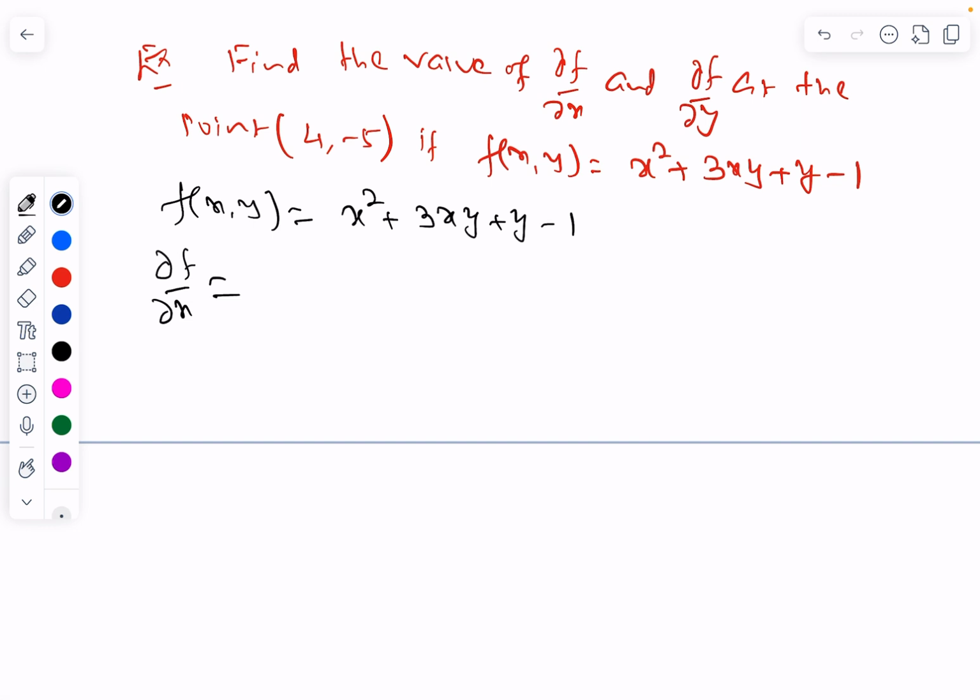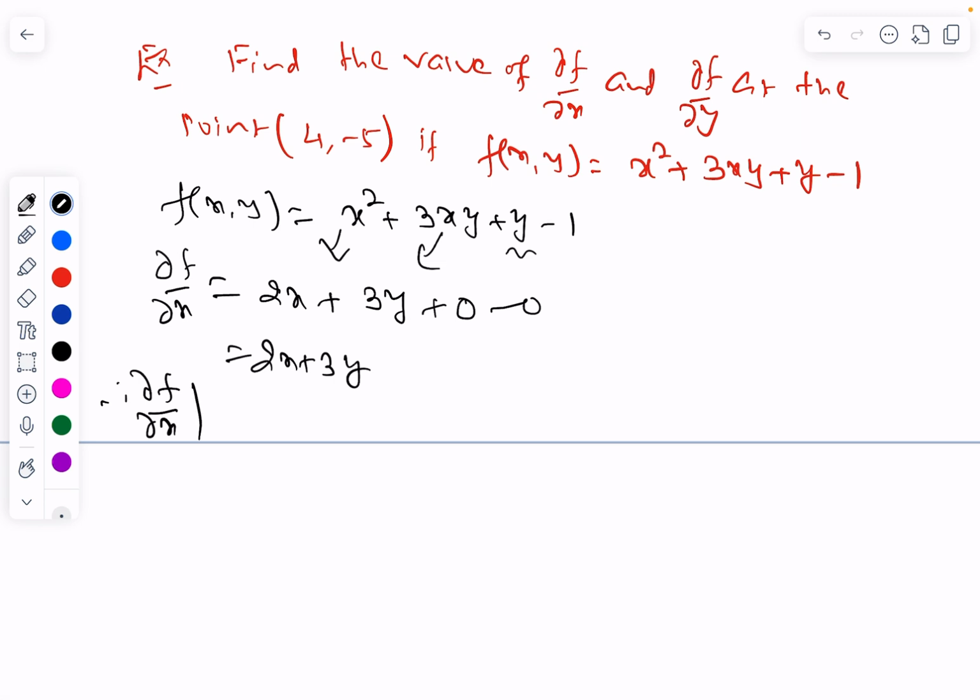Del f by del x: the derivative of x square with respect to x is 2x. Derivative of 3xy with respect to x: so 3, and y constant, derivative of x is 1. Derivative of y is 0 because we are taking the derivative with respect to x, so we treat y as constant. And the derivative of 1 is also 0. So we have 2x plus 3y.